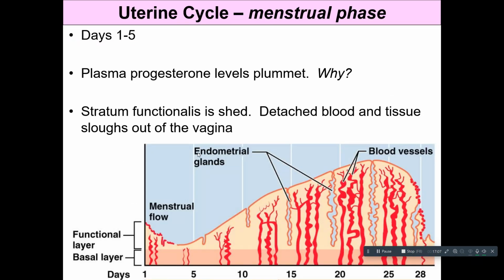So in the menstrual phase, days 1 through 5, plasma progesterone levels have gone down because the corpus luteum died. And without that high level of progesterone, the stratum functionalis is now no longer getting the signal to stay put. And the stratum functionalis is going to be shed. Blood and tissue is going to slough out of the vagina. And of course, that is the act of menstruation.